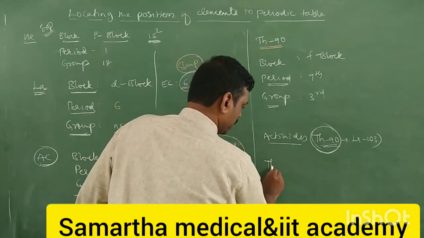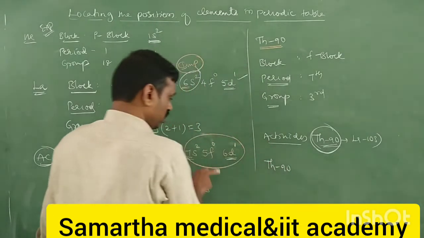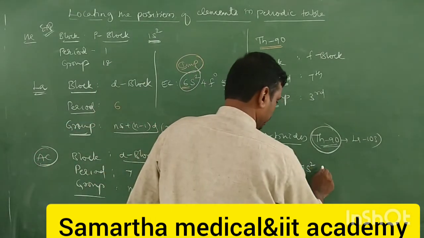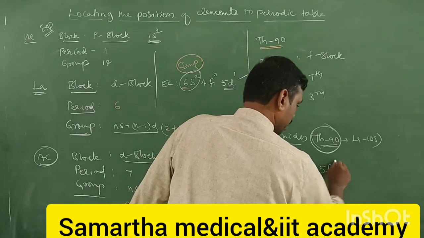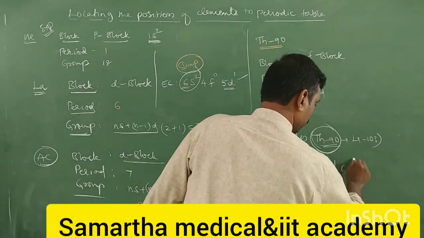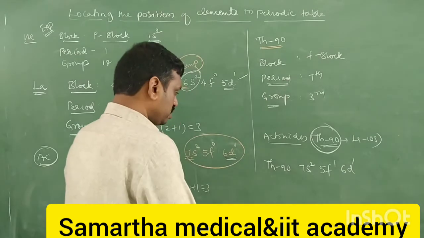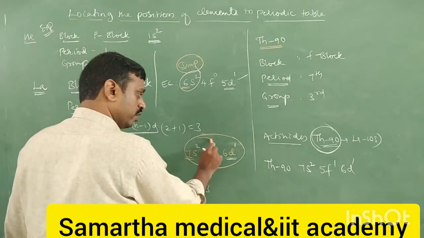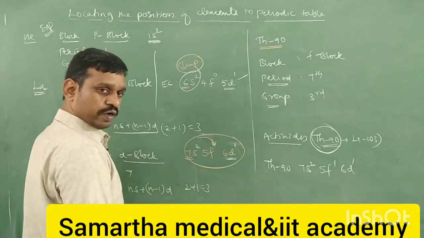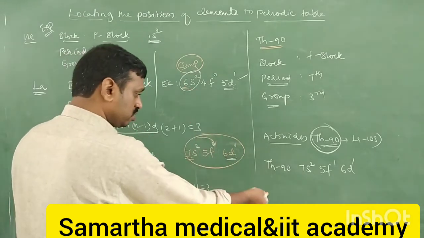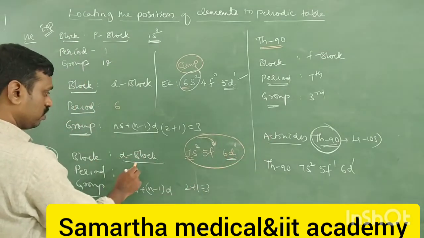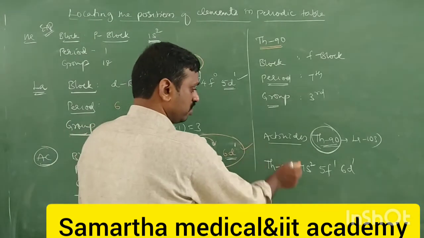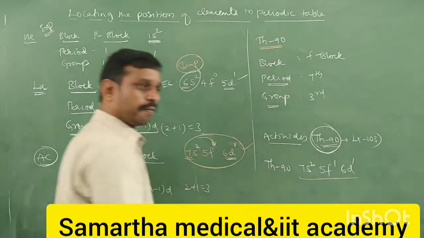If you want to write thorium's electronic configuration, this will be the same, 7s2, then 5f1, 6d1. It means after filling d1, the electron directly enters f, that is f1. Thorium comes immediately after actinium. Therefore, if you remember actinium's electronic configuration, it is easy to write thorium.